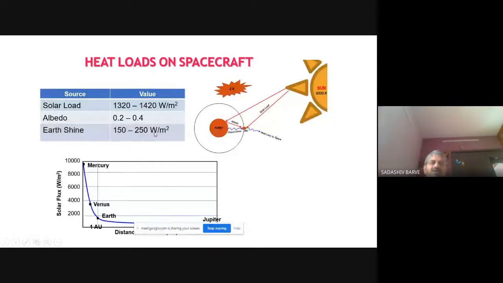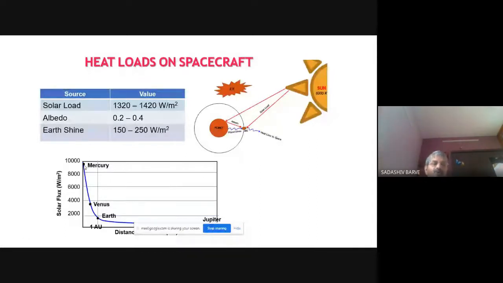And the same solar load, how it varies, a typical value I just gave. For Earth, the average I told you is close to 1.3 to 1.4 kilowatt, while for Venus it is almost close to 3.2 kilowatt, while if you go to Mercury, the energy level you get from the sun is as high as 9 kilowatt.